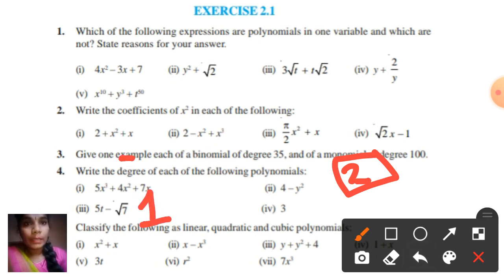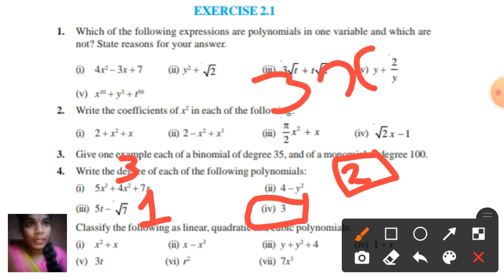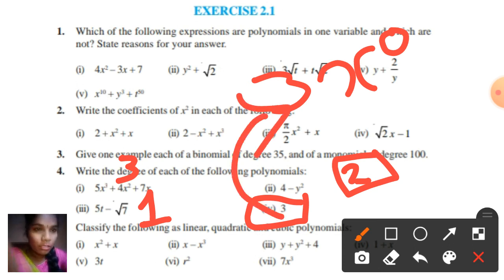For the first one it was 3, and for the fourth one, if you can see, it has one constant number. I can write 3 as a polynomial again, 3 into x power 0 for the fourth problem. Why? Because x power 0 becomes 1. Anything to the power 0 means that value will be 1.